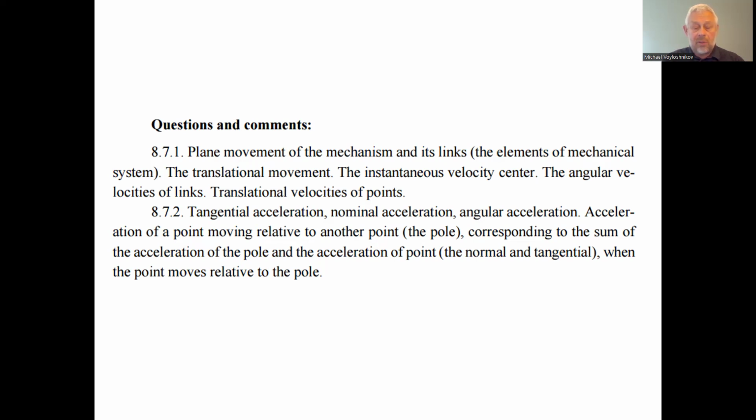Then tangential acceleration, normal acceleration, angular acceleration. Angular acceleration we can find as the tangential acceleration divided by the radius. Tangential acceleration we can find accordingly, if we know the radius and the angular acceleration, by the product. Normal acceleration depends on the angular velocity and is equal to the radius multiplied by the squared angular velocity.